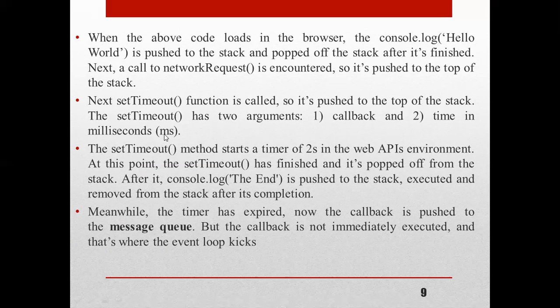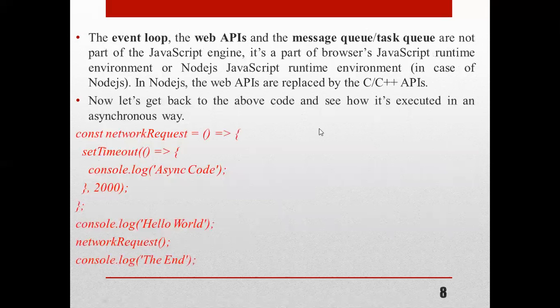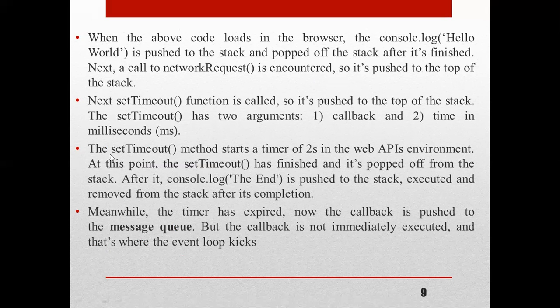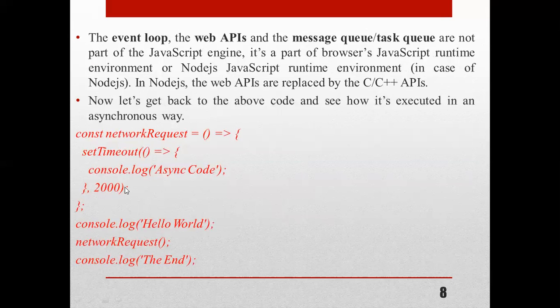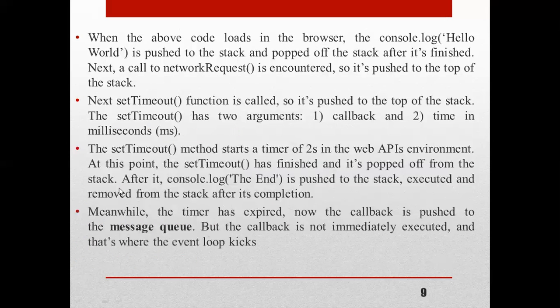Whenever the setTimeout function is called, it is pushed onto the stack, and it has two arguments, the callback and the time. The setTimeout method starts a timer of 2 seconds in the web API environment.